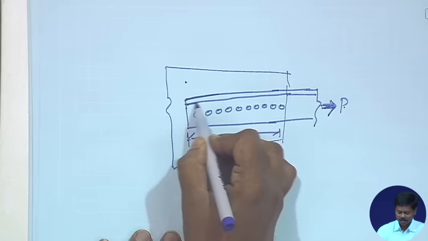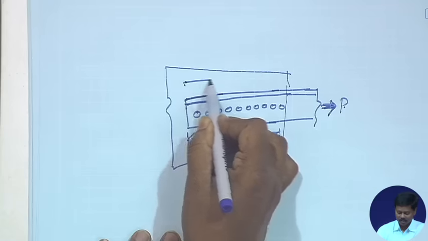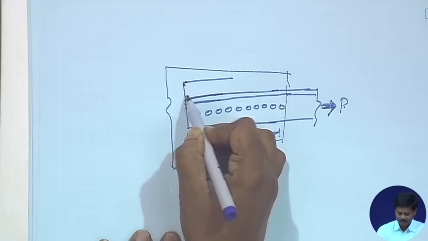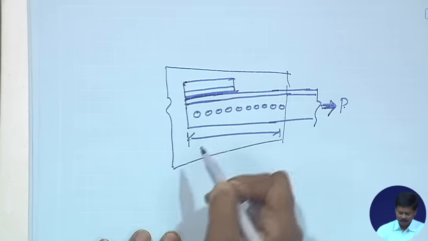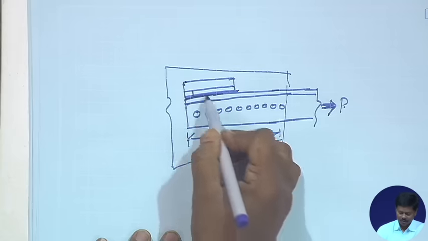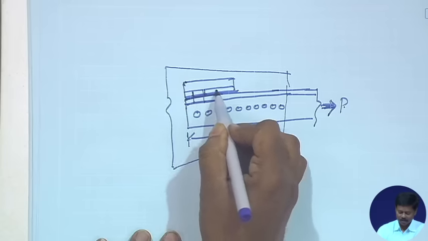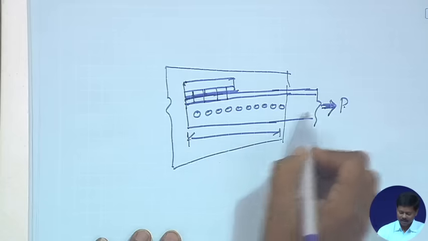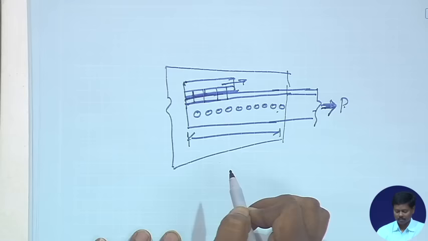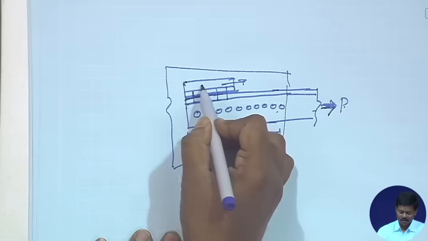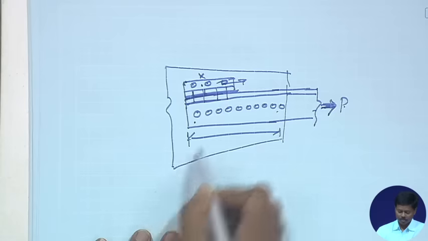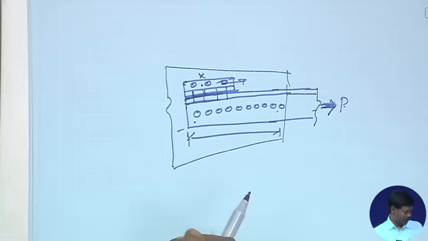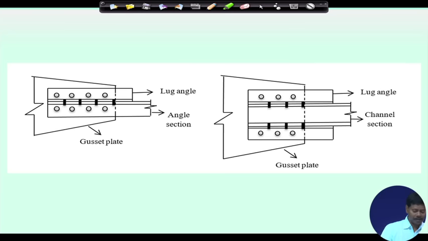So, suppose this is the outstanding leg, and if I put another angle with small length, then I am trying to connect this outstanding leg and transfer a certain load to this member, which is called the lug angle, and then this is connected to this gusset plate, and this main member is connected to this gusset plate.